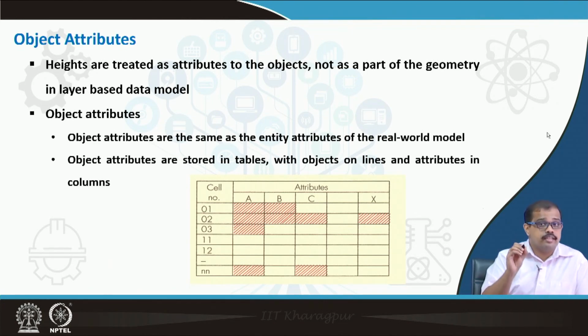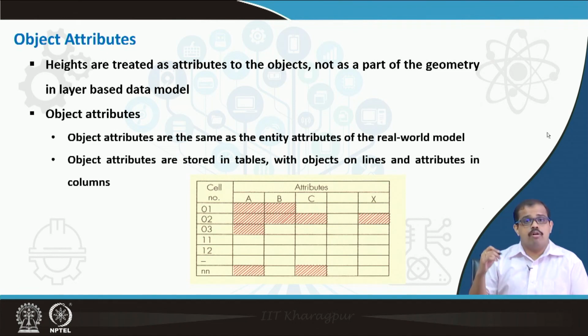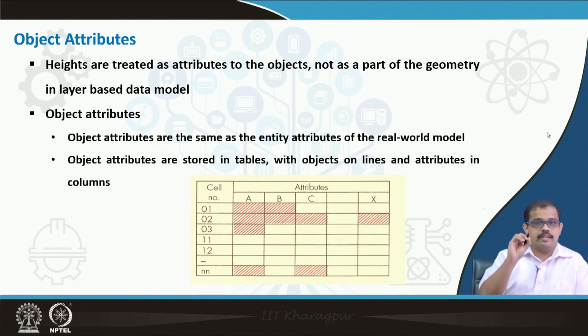The geometry of a building, that is, the way the building is represented, whether it is square, hexagonal, a random shape, a rectangle, or a circle, all of these are geometrical shapes. This is the geometrical way of representing that object, but height is always an attribute.